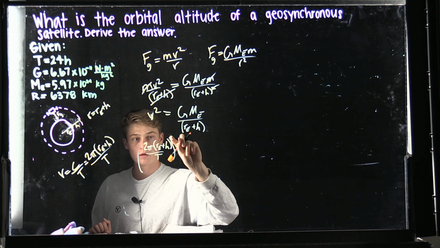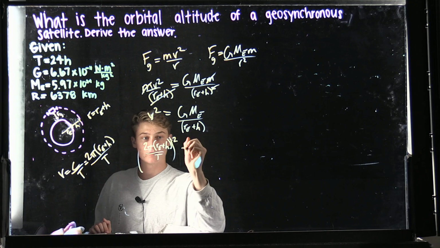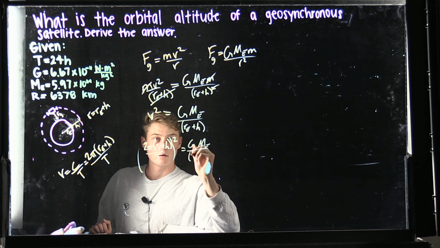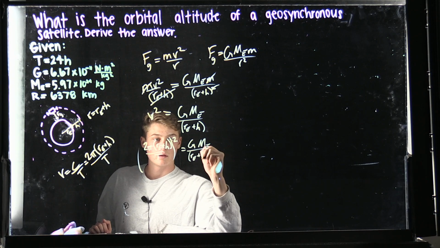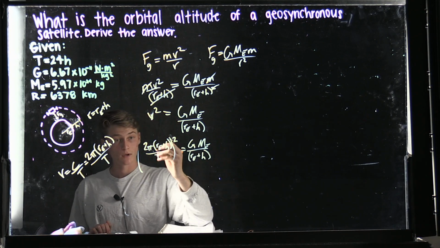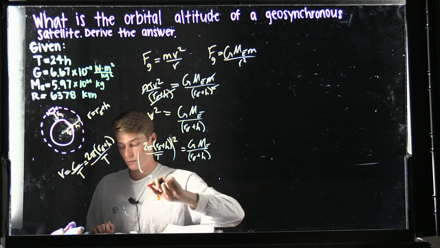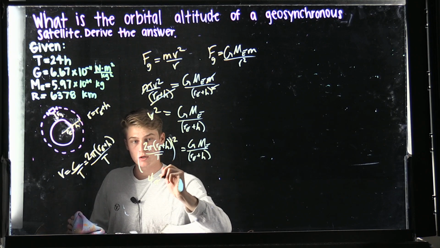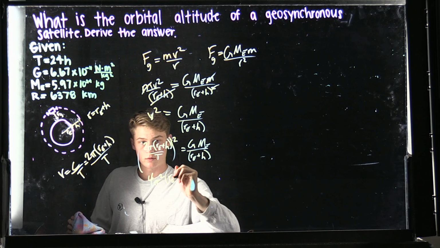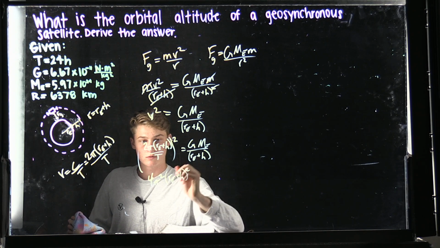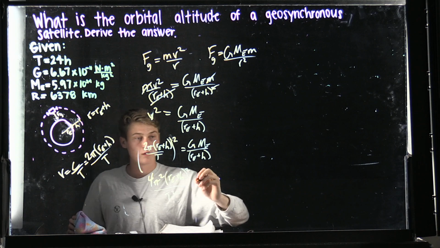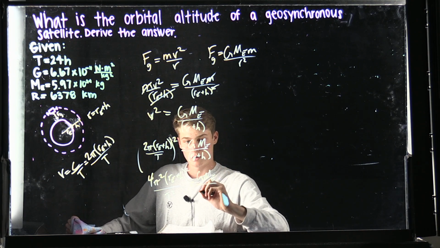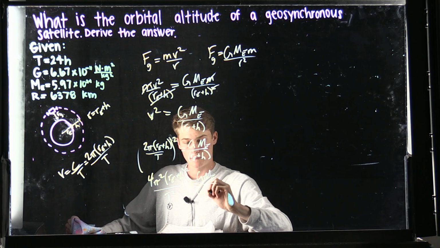So all that is squared, and that's equal to big G, mass of the Earth, over this radius. And then if we square that all, we get 4 pi squared. This big radius is squared over the period squared. It's equal to big G, mass of the Earth, over this radius.